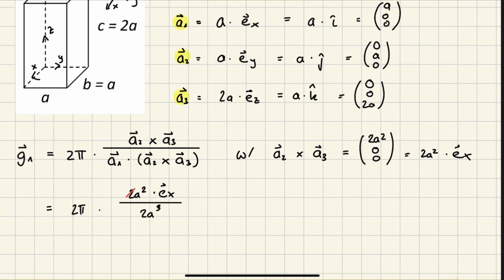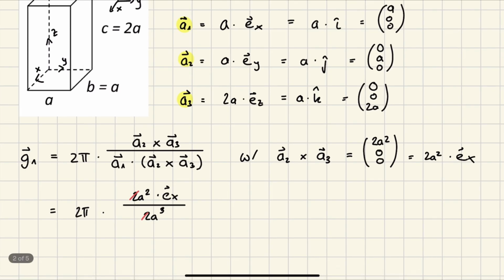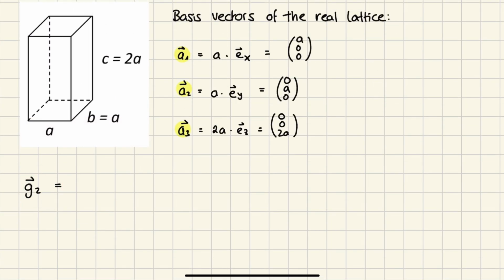Those factors of 2 cancel, and our a to the third power kills the a squared, which means we are left with 2π over a times the unit vector in x direction, or if you will, 2π over a times i hat.